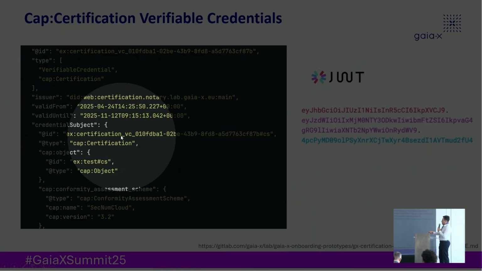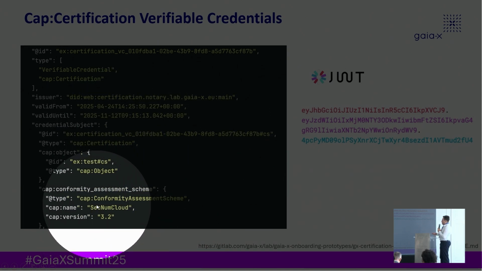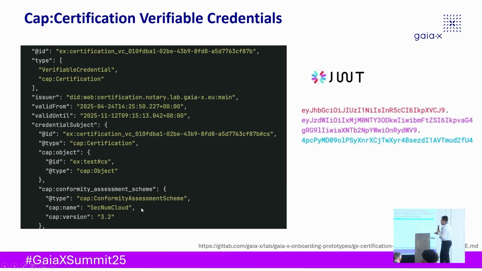The CAP certification will look like this one. And the CAP conformity assessment scheme will look a little bit like that. Without going further into the details, as I said, we will explain it in more detail later.